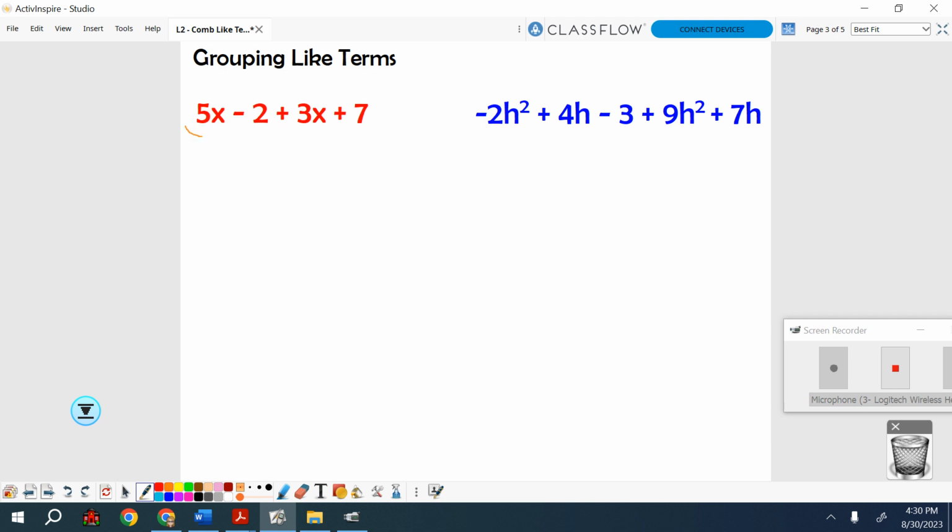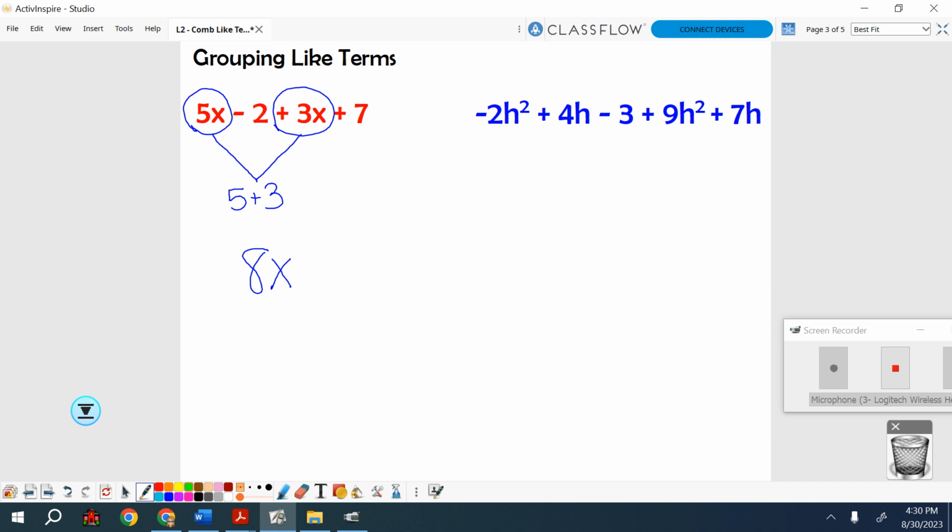So I see right here, I have a 5x, and I see right here, I have another 3x, okay, and I know they both have same variable, same exponent. In order to combine them, I just put them together. And because I have 5x plus 3x, like I said, that plus 3 goes together, 5 plus 3 is going to give me 8x.